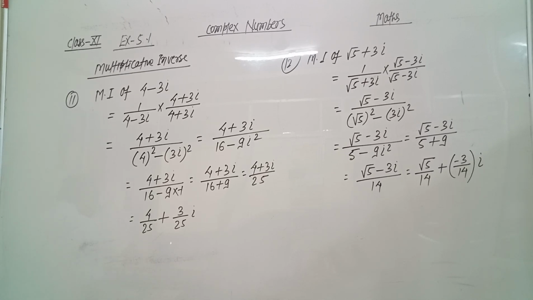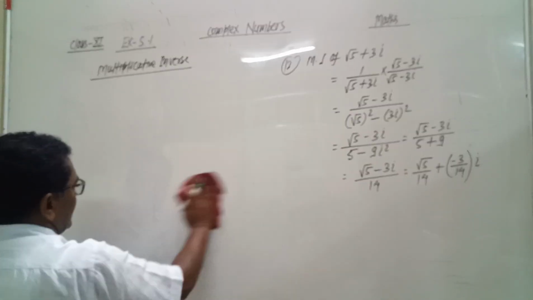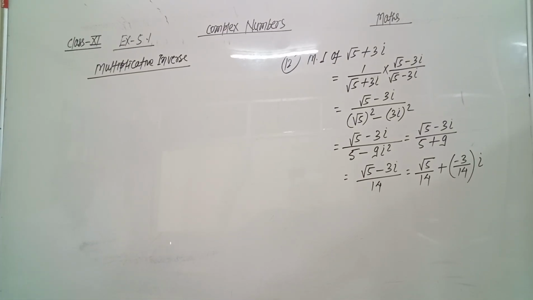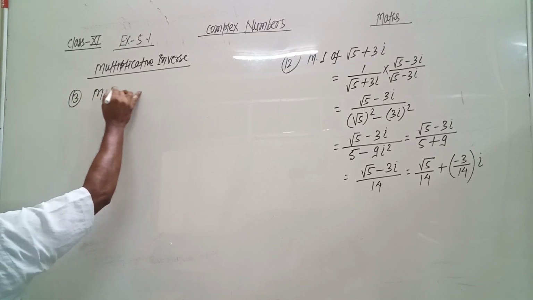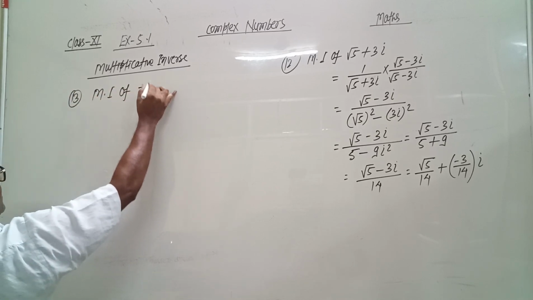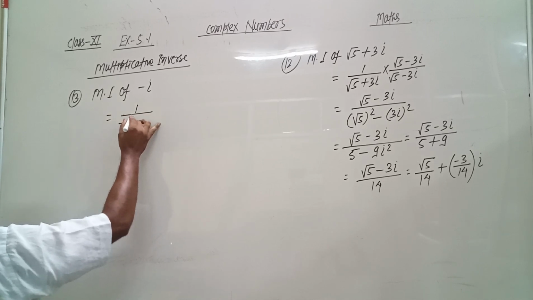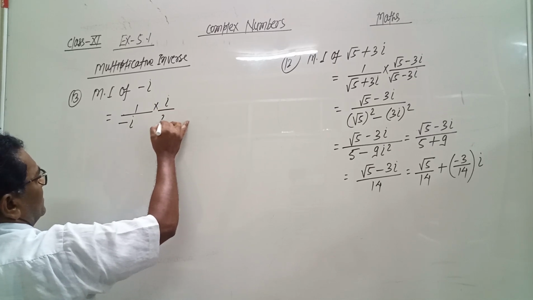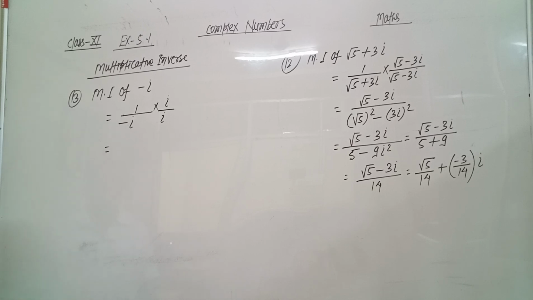Now the multiplicative inverse of minus iota. So we make the reciprocal, 1 by minus iota, and then multiply the numerator and denominator by iota.